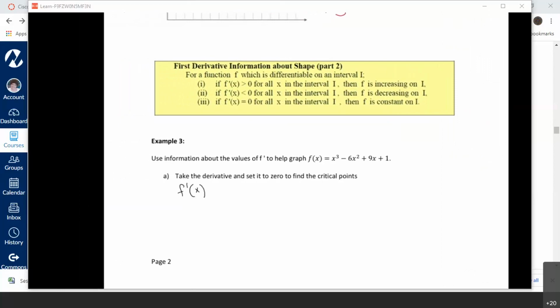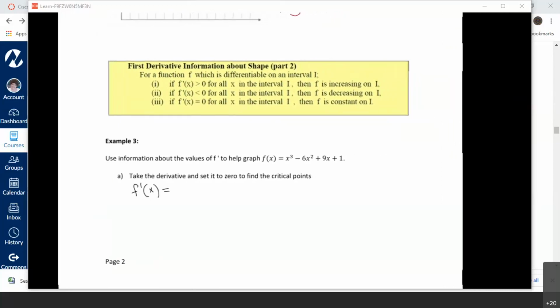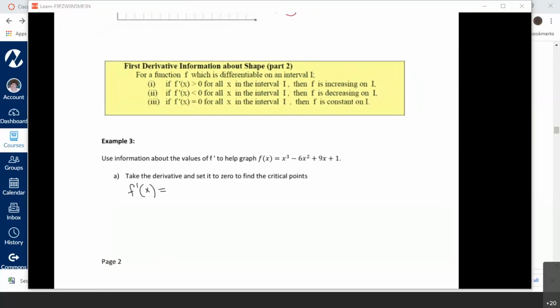So let me do that first. And again, it's a cubic polynomial. So I'm just going to do power rule, power rule, power rule. Bring down the exponent, drop the exponent by 1. Pull away the coefficient, bring down the exponent, drop the exponent by 1. Pull away the coefficient. The exponent here is a 1, drop the exponent by 1 gives me x to the 0, right?